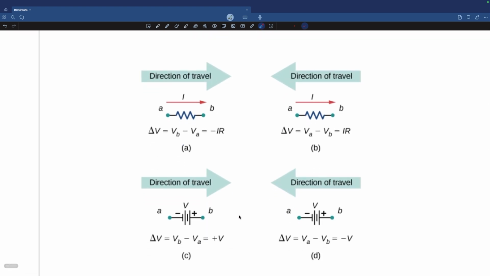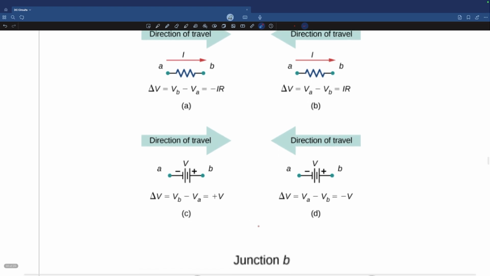But in the case of a battery, if you're going in this direction, you're going from negative to positive, so you put positive. But if you're going this direction, you're going from positive to negative, so put negative. I hope it's not confusing. If you are paying attention, it's not confusing. I've explained it using the diagram and then using the logic here, so you should know that.